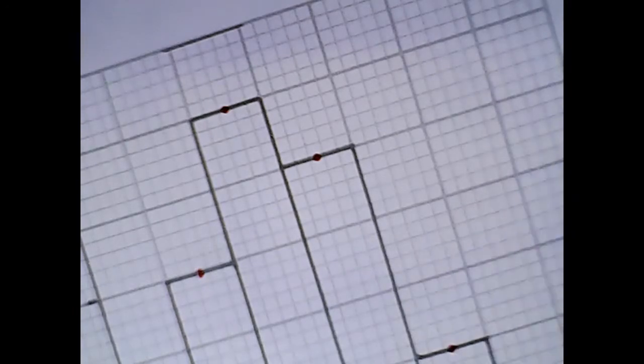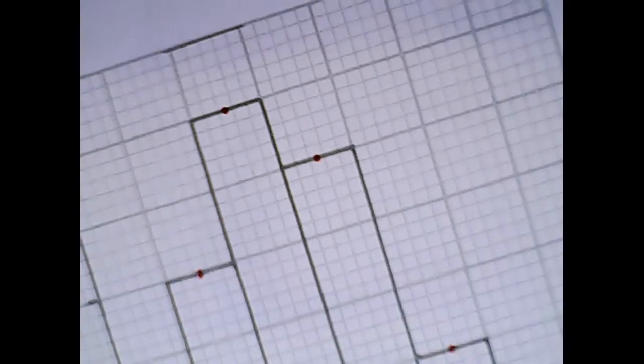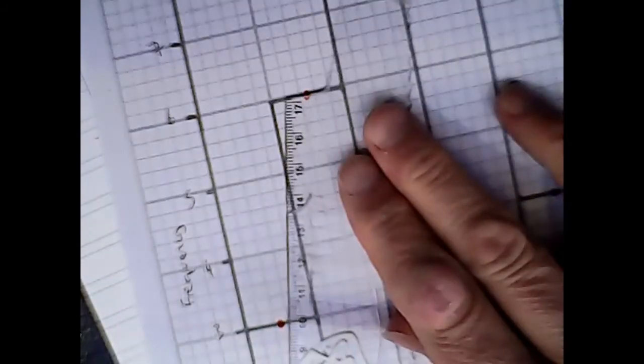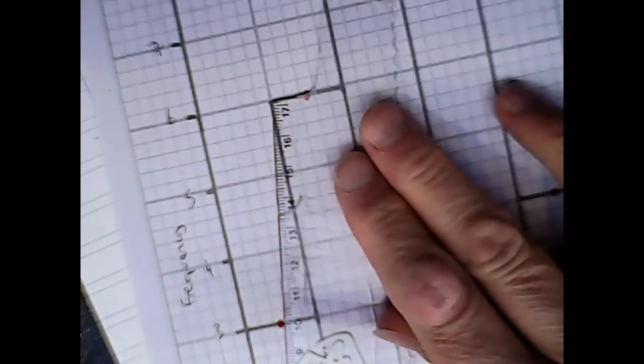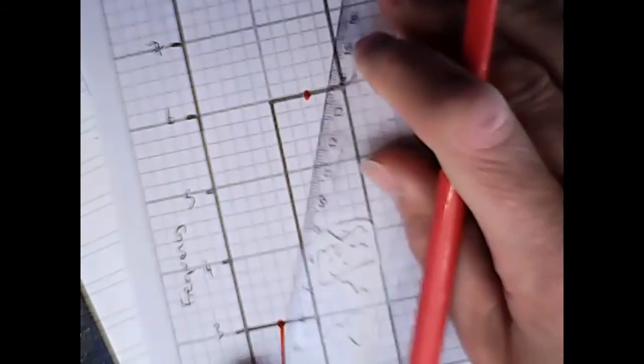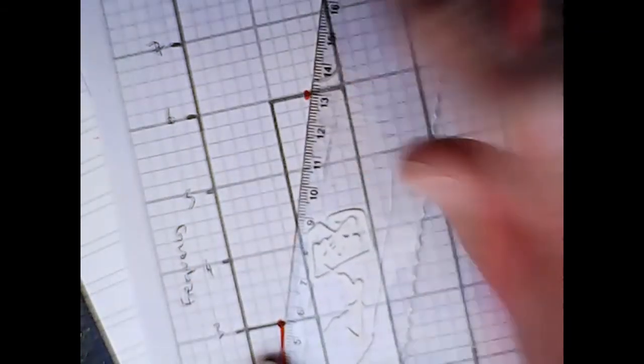Yeah? And then using those points, we can draw lines starting at the 0 point, and we can draw lines to illustrate the information in a line graph, basically. Okay? Just do this quickly for you.